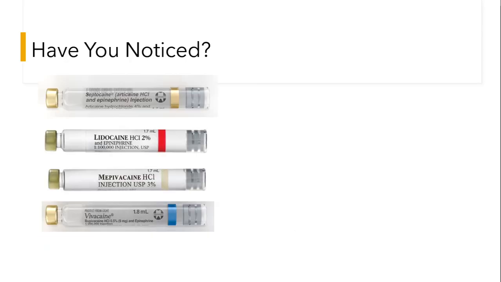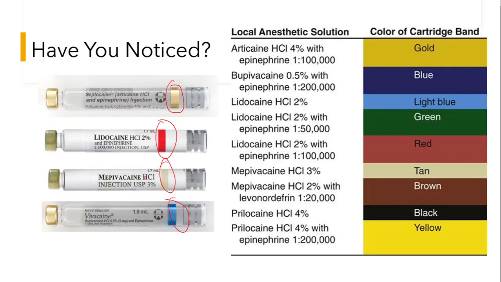Now, have you noticed this? I don't know if you have, but when you look at cartridges, they have different colored bands. The different colored bands give you different concentrations or different types of anesthetic.